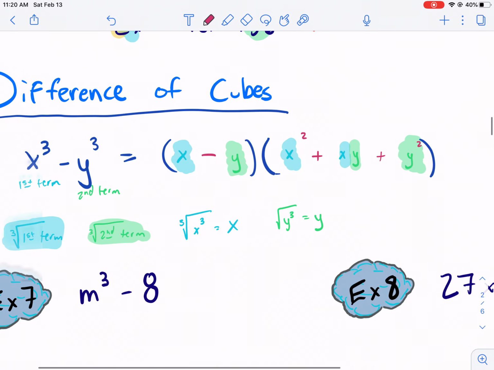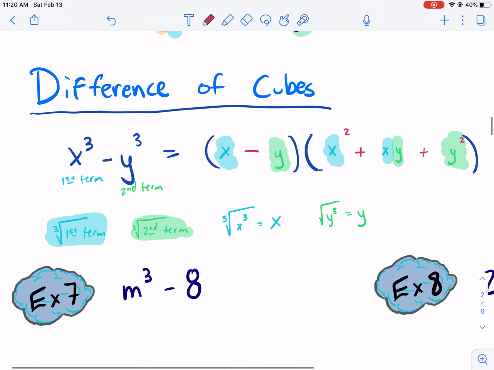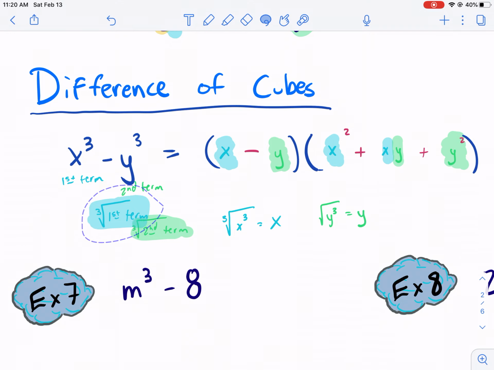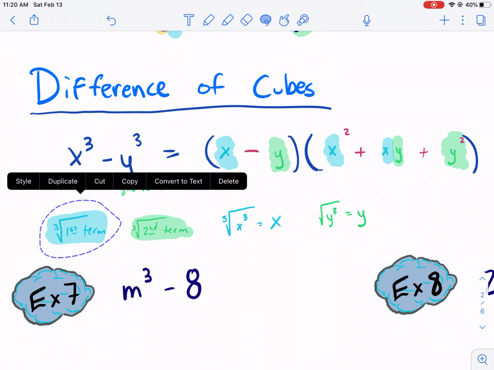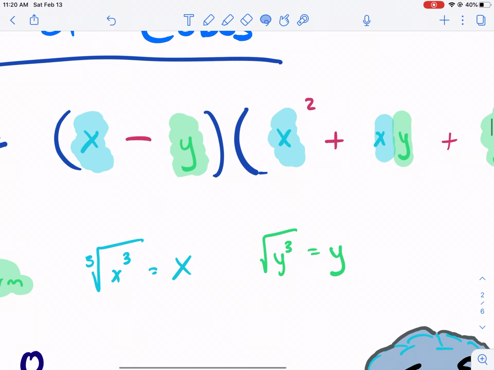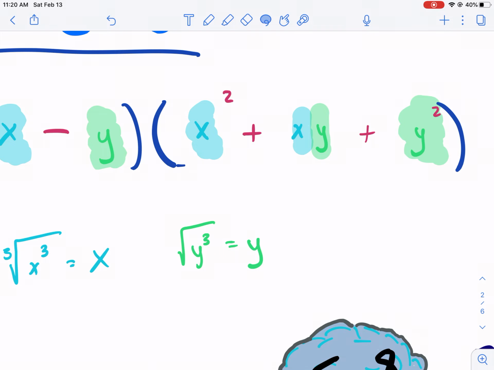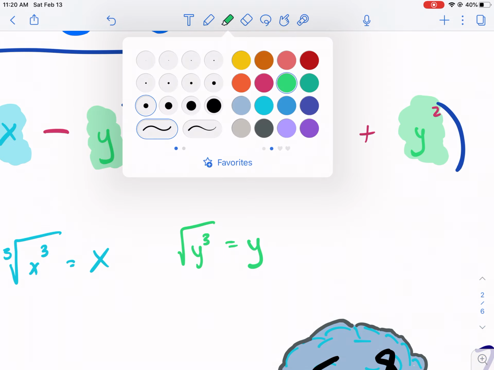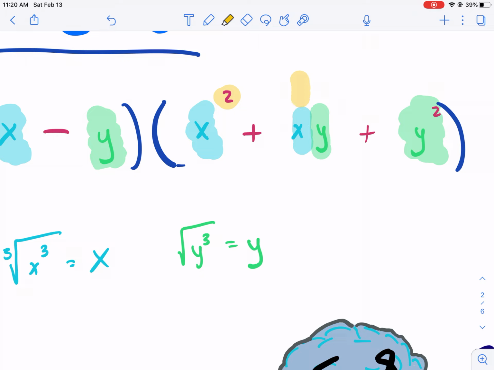So this is our general form. If you wanted, you could replace this first term and put it there, whatever that first term is, you're going to be putting it into those slots. You just have to make sure to square it here, square it here, and multiply it by xy here. And then the same thing with the second term.